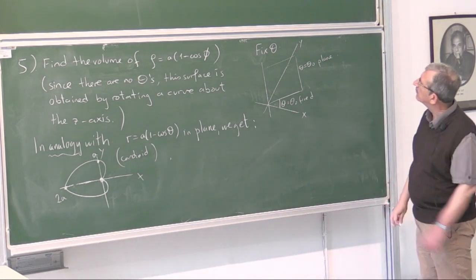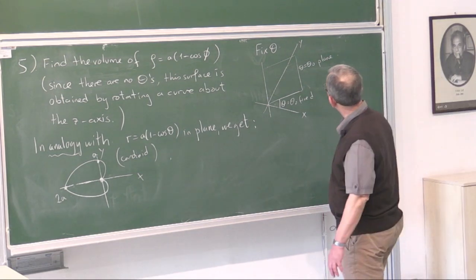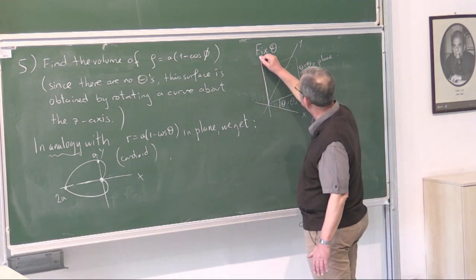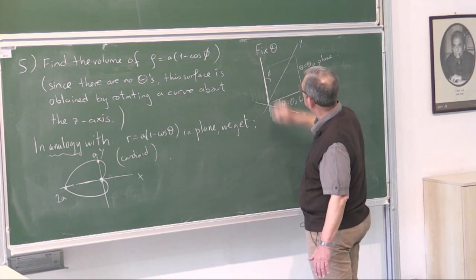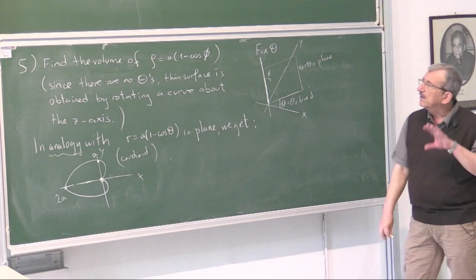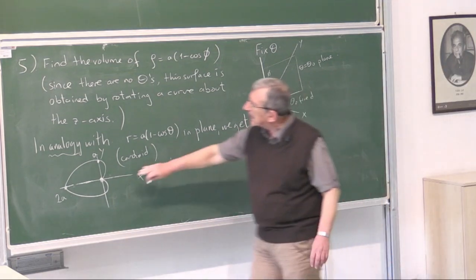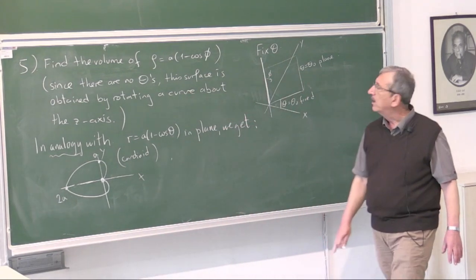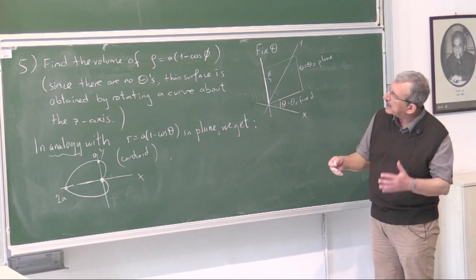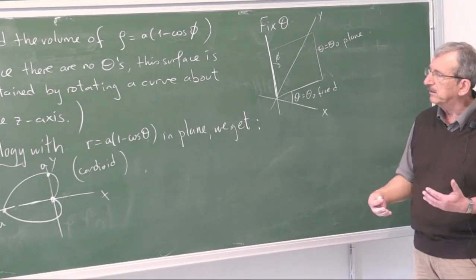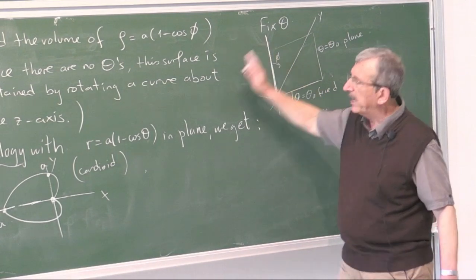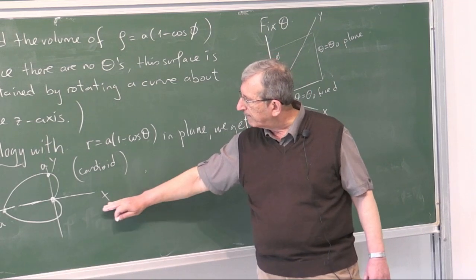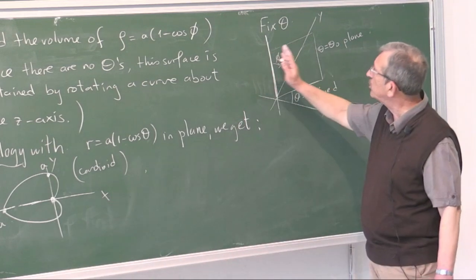Now in this plane, firstly, phi is measured from the z-axis. This is phi. Well, this tells us that in analogy with this example, where theta was measured from the x-axis, in this plane phi plays the role of theta, but the z-axis plays the role of the x-axis. So where we see x here, we should be using z instead.